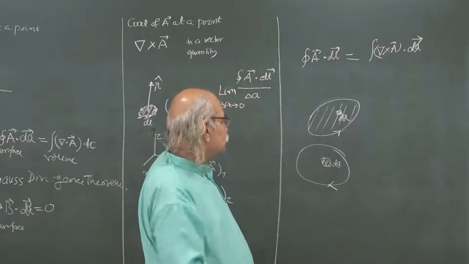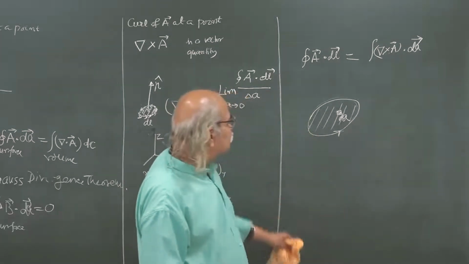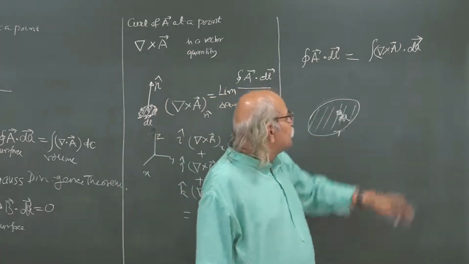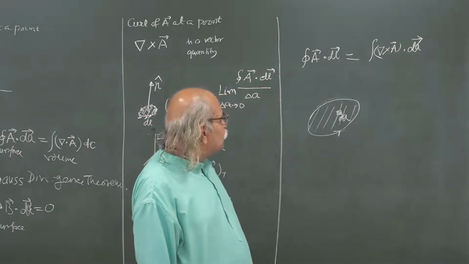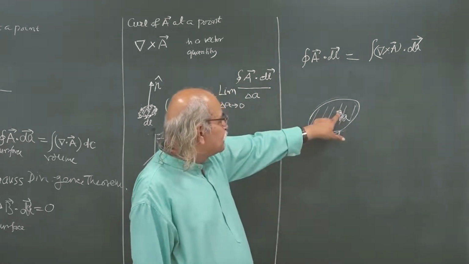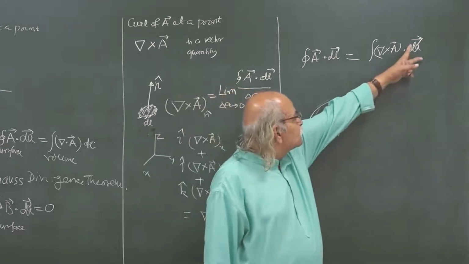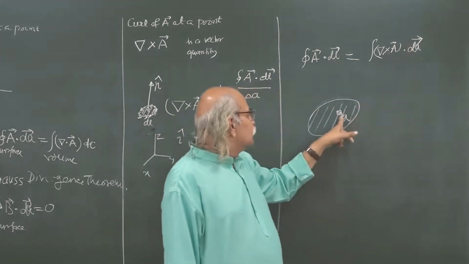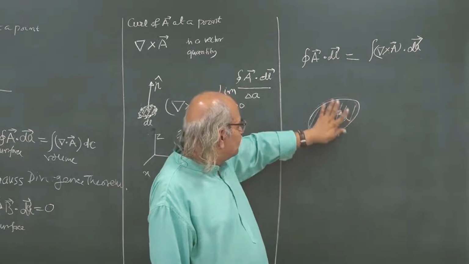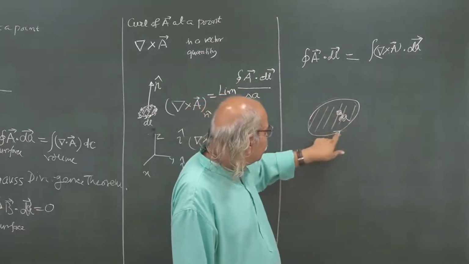So, that is how the direction of this dA vector will be determined, and then of course, curl of A at the point where you have constructed this dA. You have constructed this dA in this whole surface bounded by this curve.